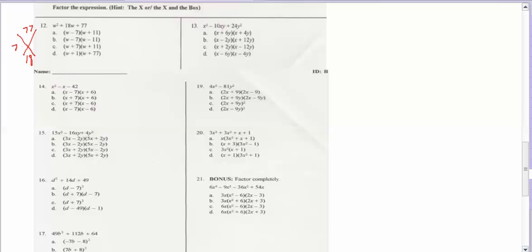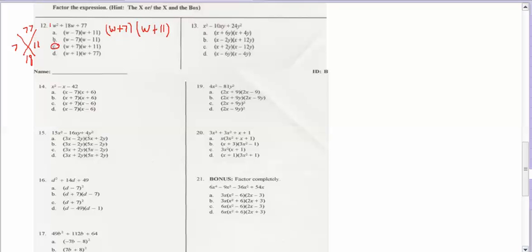How about 7 and 11? Okay, do I need to do my box? The answer is no, because there's a 1 there and there's only one variable. So my answer is w plus 7 and w plus 11. And I look for my answer, w plus 7, w plus 11, and it looks like it's letter C.